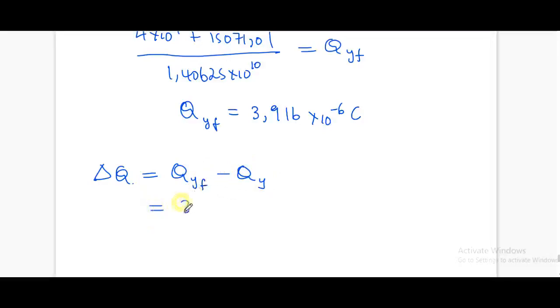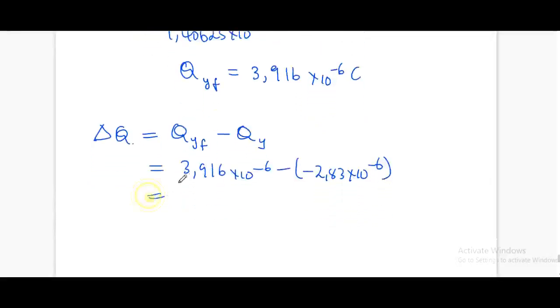Now this one is 3.916 times 10 to the power minus 6 minus minus 2.83 times 10 to the power minus 6, which equals 3.916 times 10 to the power minus 6 plus 2.83 times 10 to the power minus 6.